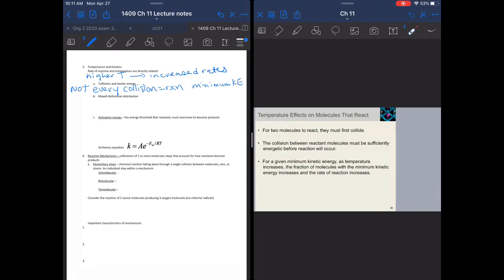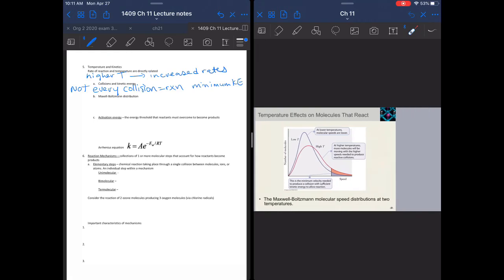So how do we know if something's going to have a minimum kinetic energy? Well, that's based on temperature. We have looked at a Maxwell-Boltzmann distribution before, and this is going to show that when you've got a certain temperature, not every molecule is at that average temperature.